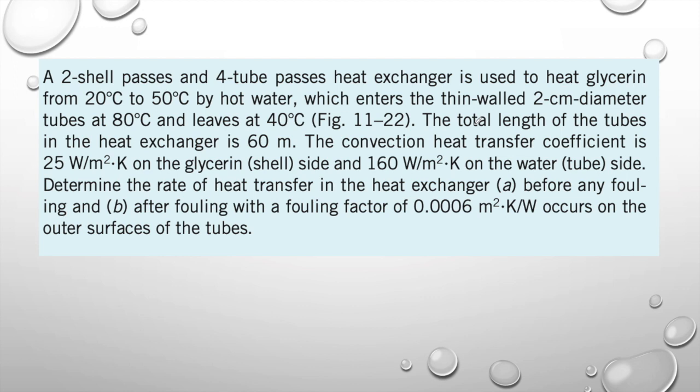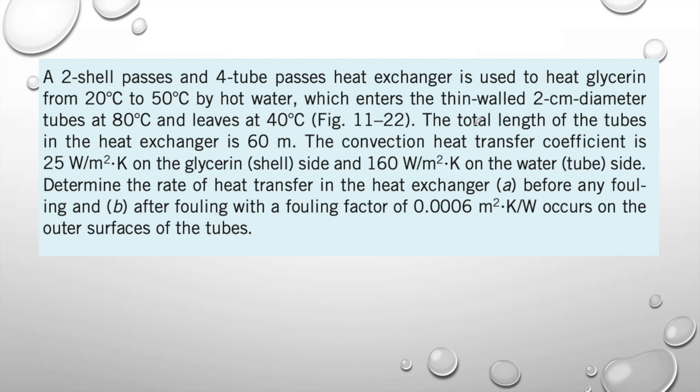Now we have to take a look at all the information, and then we can finalize our decision. The total length of the tubes in the heat exchanger is 60 meters, and the convection heat transfer coefficient is 25 watt per meter square K on the glycerin, the shell side.